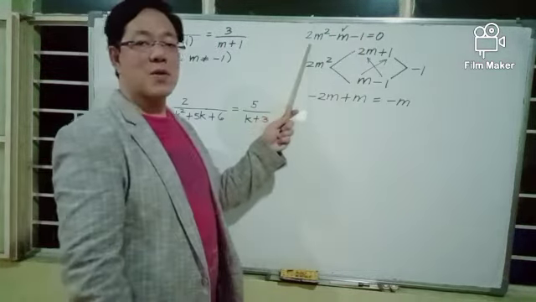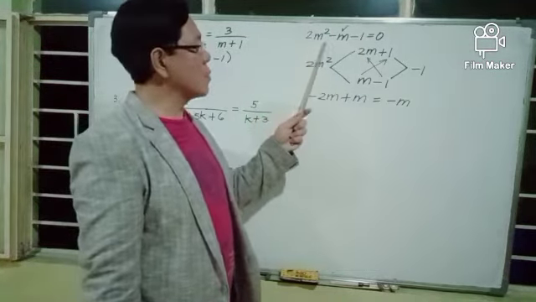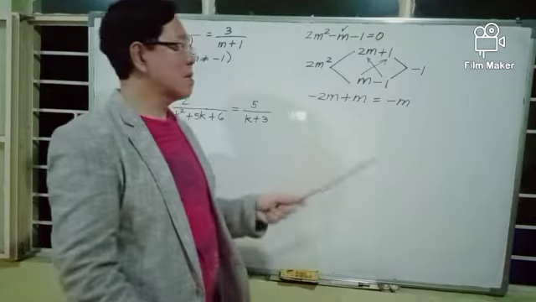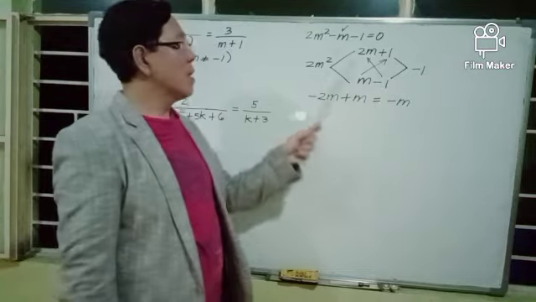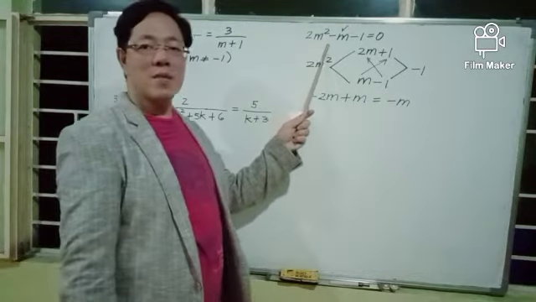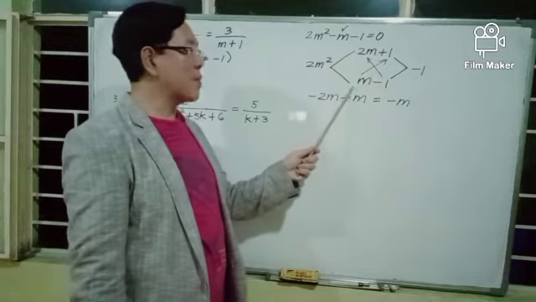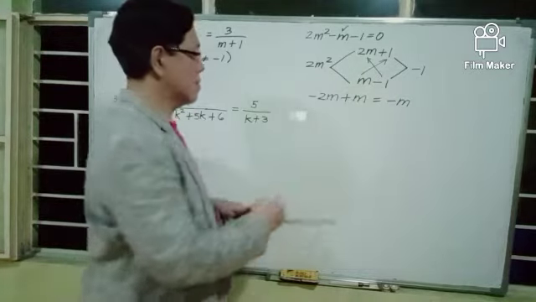That means the factors of the trinomial 2m squared minus m minus 1 are 2m plus 1 and m minus 1. Thus, 2m squared minus m minus 1 can now be written as 2m plus 1 multiplied by m minus 1.